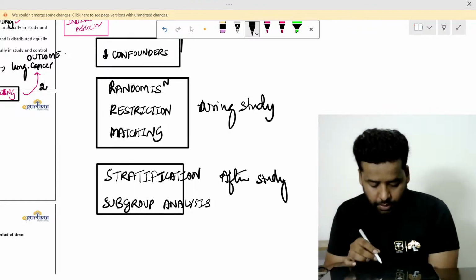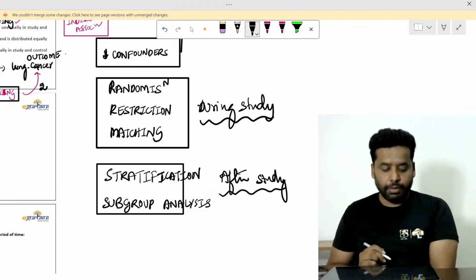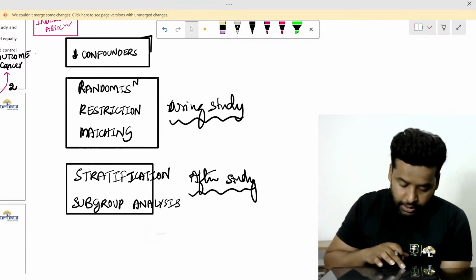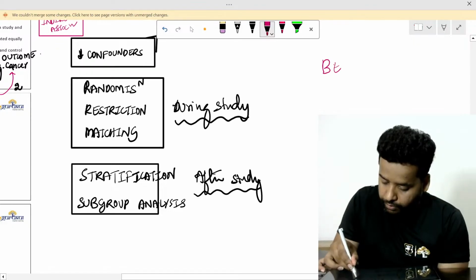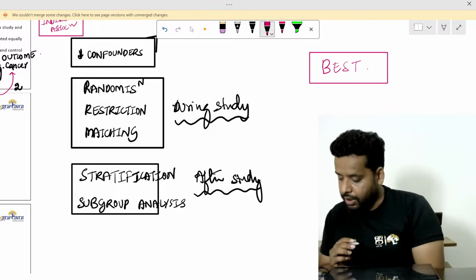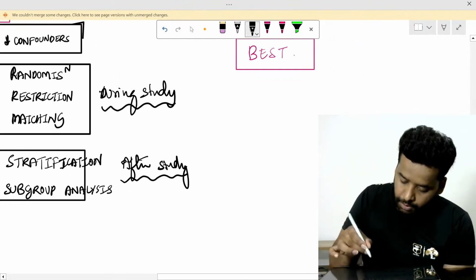Good. So now, during the study, three things can be done. After the study, two things can be done. If at all they ask for the best method for removing confounders, see the sequence properly.